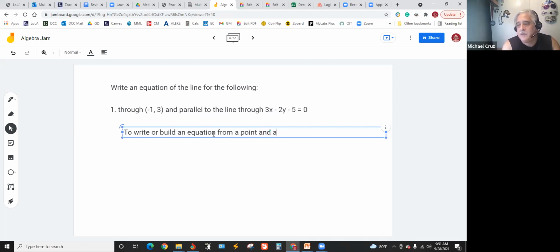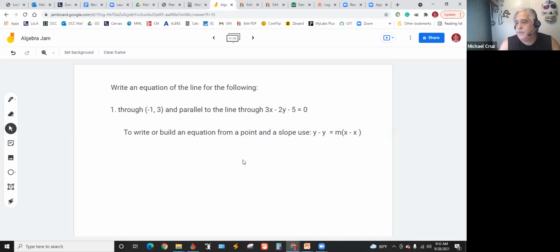And slope is... So what I'm going to do, I'm going to put a little one here and a one there.